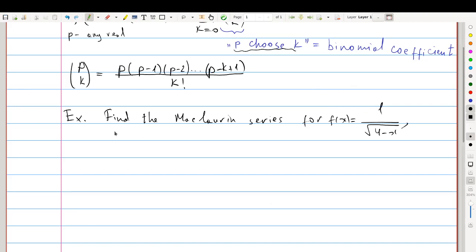And then, in addition, determine the radius of convergence for this series.